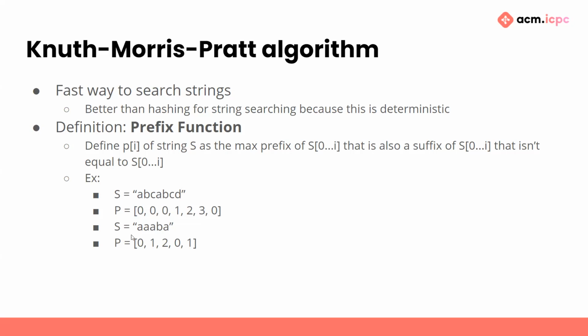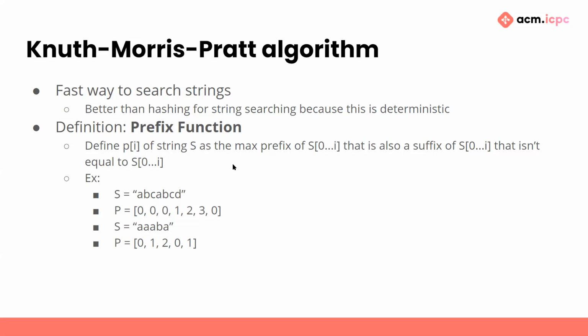The first index is always 0 because there's no way that you can get a max prefix that is also a suffix that is not equal to itself, since there's only one character. Then for the second character, it's AB, but there is no prefix that is also a suffix in this case. And we keep going, ABC is also 0.